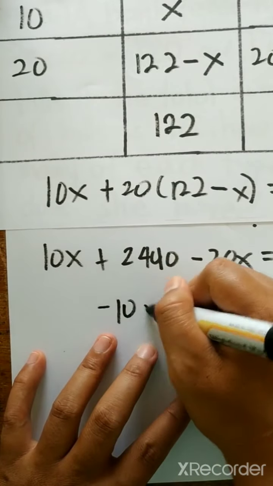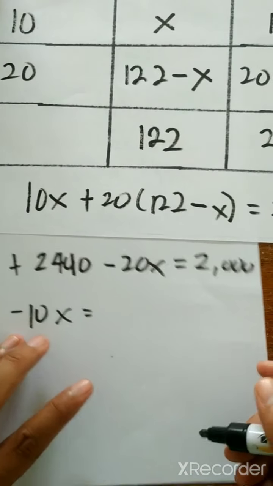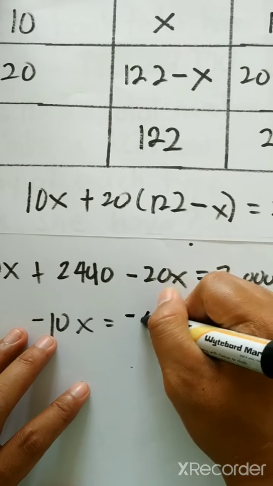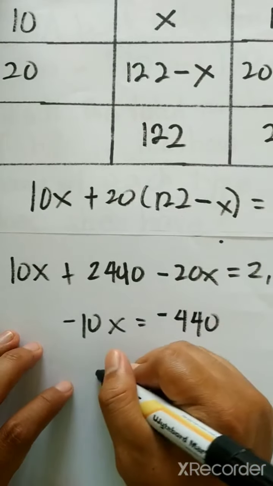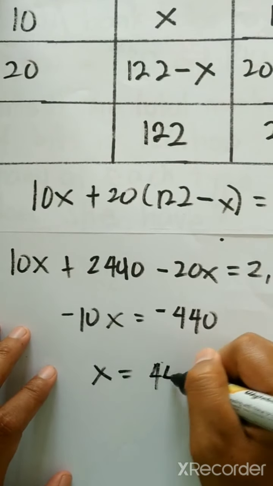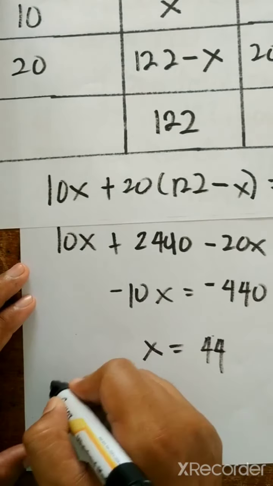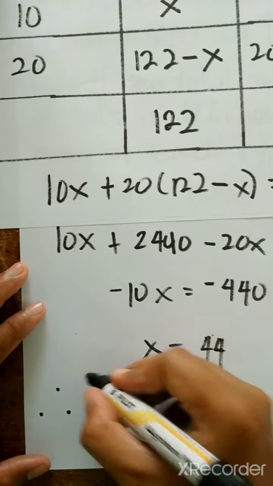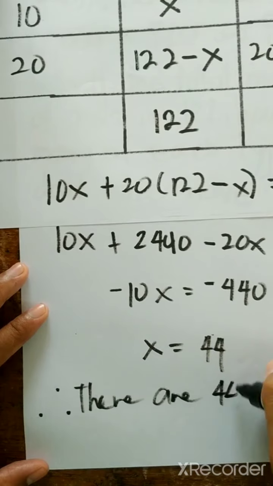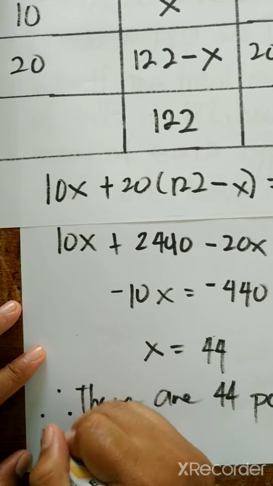I will have negative 10x equals 2,000 minus 2,440, since the 2,440 goes to the right side, so it would be negative. 2,000 minus 2,440 would give us negative 440. Dividing both sides by negative 10, our x is 44. Therefore, there are 44 pieces of 10 peso bills.